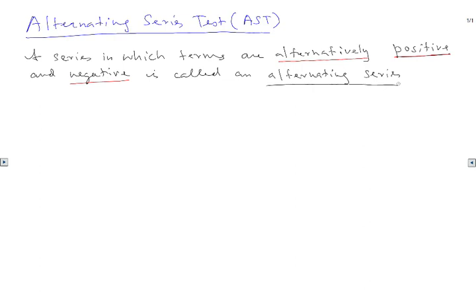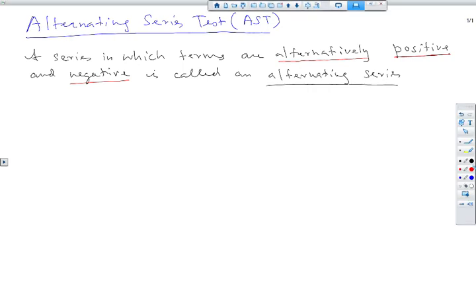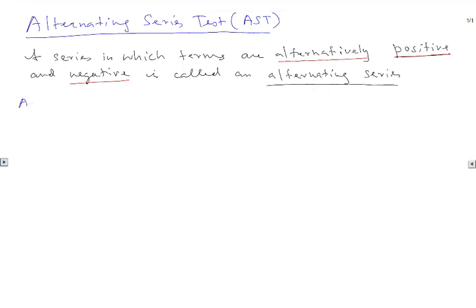So, for example, let's look at this alternating series: the sum from n equals 1 to infinity of negative 1 to the n minus 1, times 1 over n. The exponent can be anything, pretty much; it gives the sign.